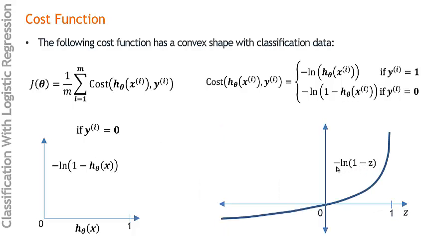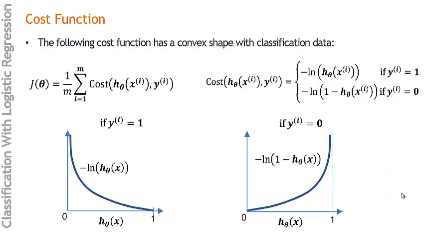Explicitly, we have this function, minus log of 1 minus z, and you can see the penalty is low if your value of z, or h theta, is close to 0, and the penalty is high if the value is close to 1. Okay, so this is an appropriate cost function.